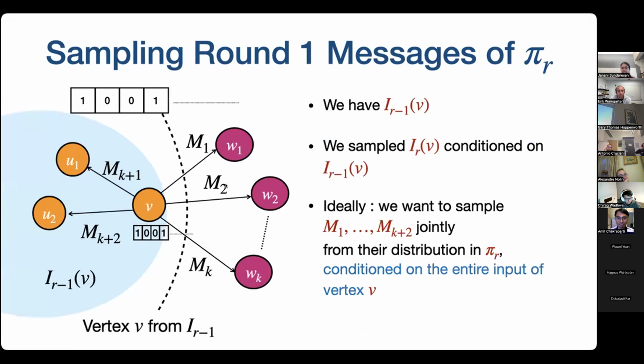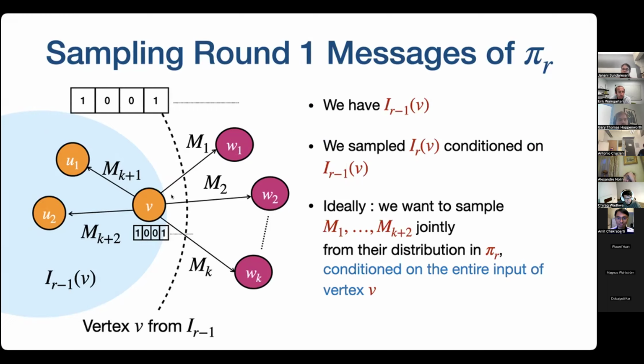We want to try and sample all of the messages that V sends, which is M1, M2 till MK for the fake neighbors, and MK plus 1 and MK plus 2 for the real neighbors, together from the joint distribution of these messages in PyR. But what is V using to send these messages? V is going to look at its entire input and maybe something from its private randomness, and then it'll figure out what these messages are.